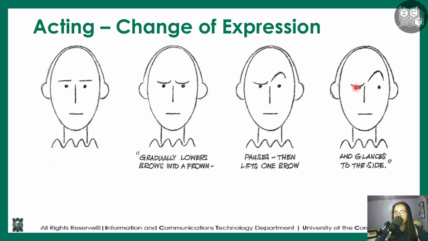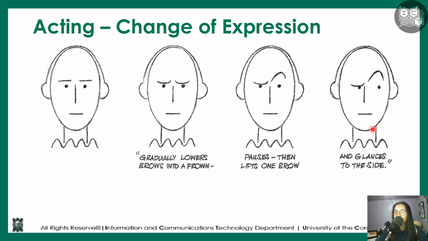The first one is this furrowed eyebrow right here. The second one is this eyebrow that's going up right here. And then the third one is yung sa may mata natin that's moving towards the other side. So if we were to do this normally, which is technically correct, you can gradually move both of the eyebrows and the eyes for you to get to this destination. That is correct. It's nothing really wrong if you do something like that.